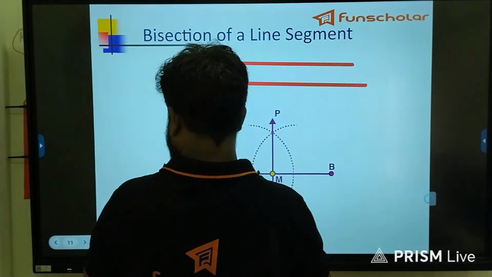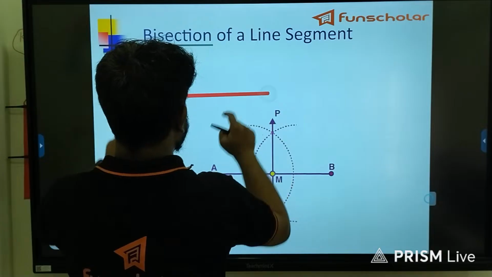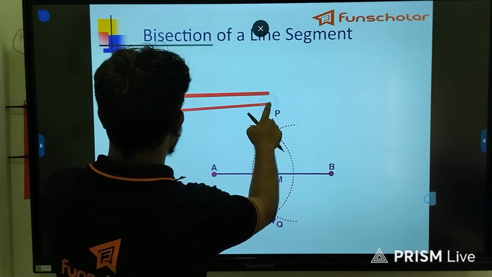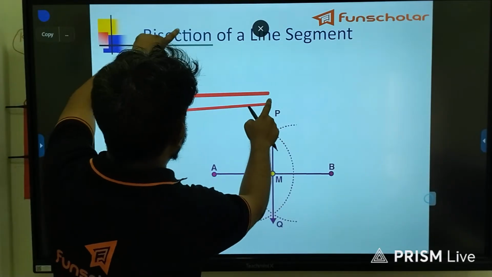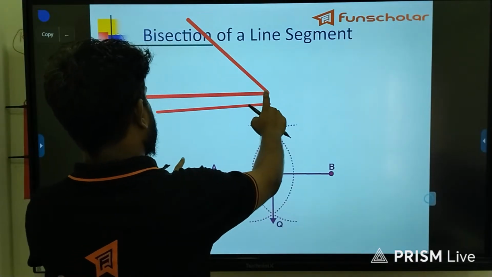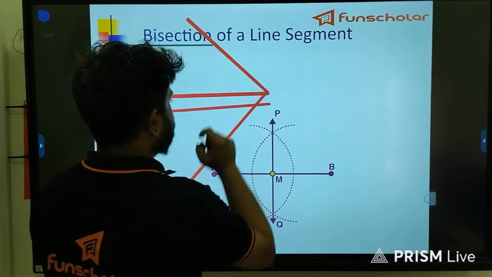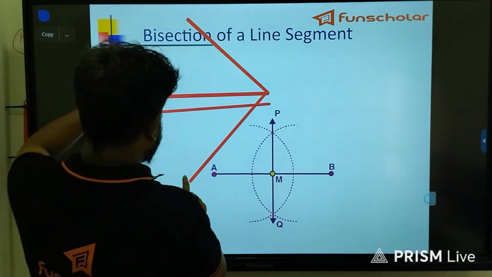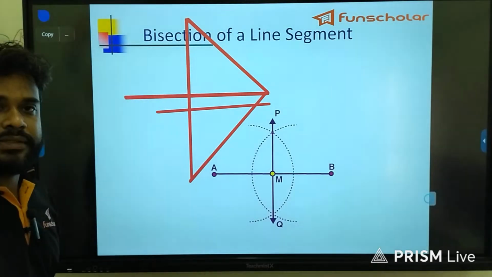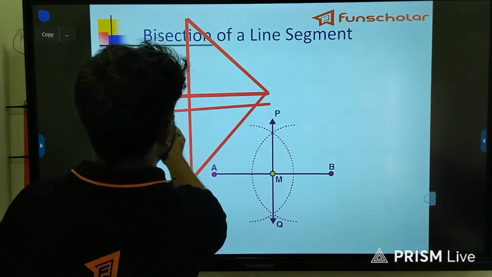First draw the straight line like this, and then take a bigger measurement from here, and draw the arc from here and the same arc from here. Then join these two lines and look at this. What have we got? We have got equal size on both sides as well.